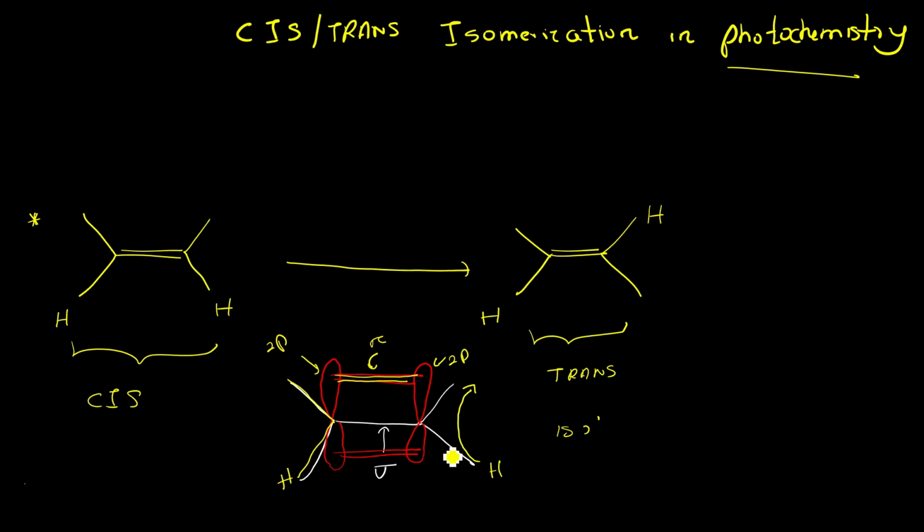So in order to rotate this molecule to obtain the trans product, you need to overcome this particular energy barrier, because this pi bond is not letting you rotate this. In order to rotate this, you need to overcome or break this pi bond. With the pi bond you can't rotate it, so an energy barrier appears in order to rotate it to the trans product.